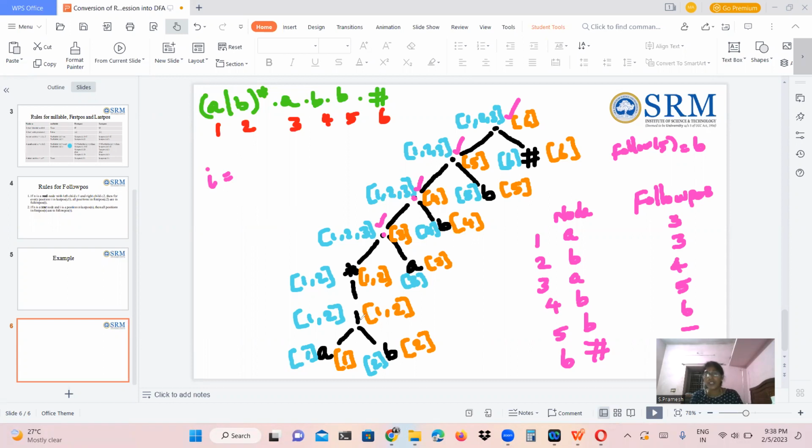Here the child is this R node. What is the last position here? 1 comma 2. So my I value is equal to 1 comma 2. So I have to calculate follow of 1 and follow of 2.